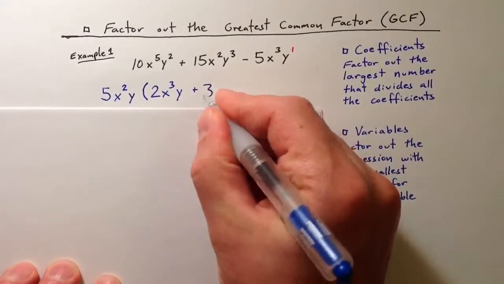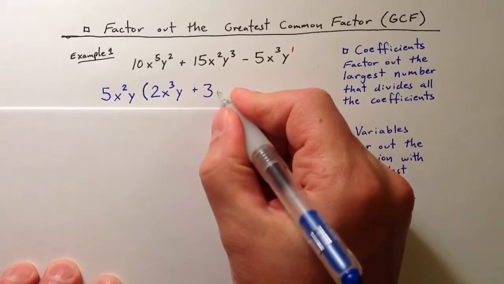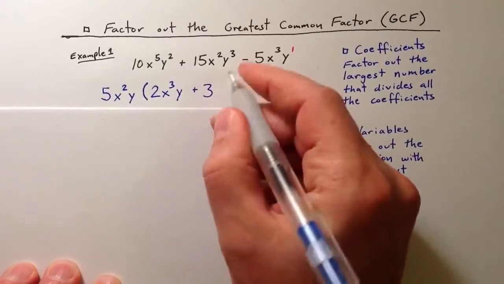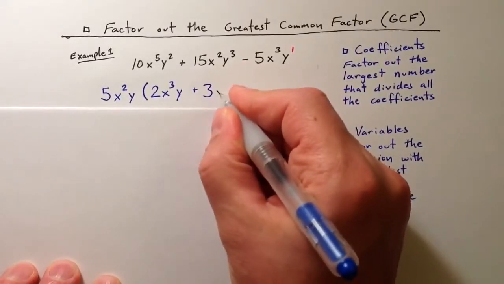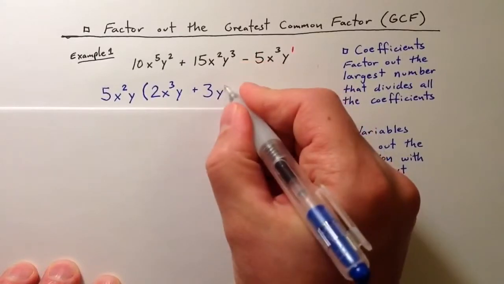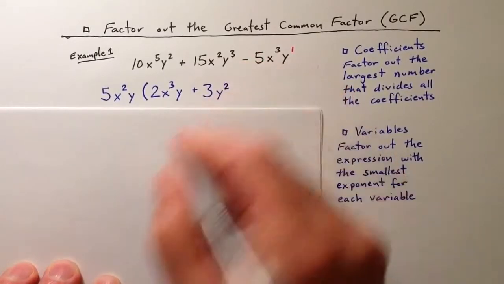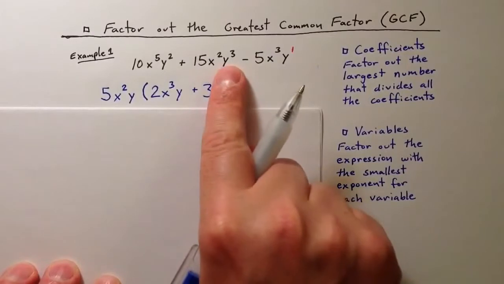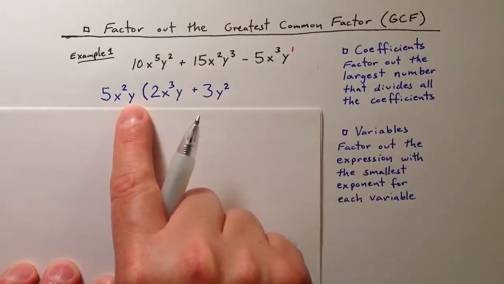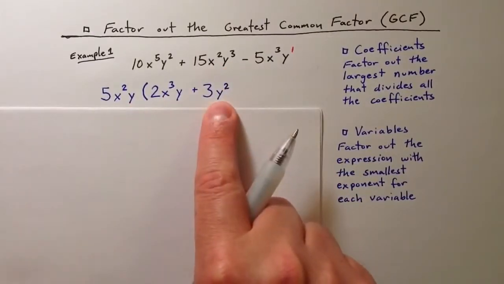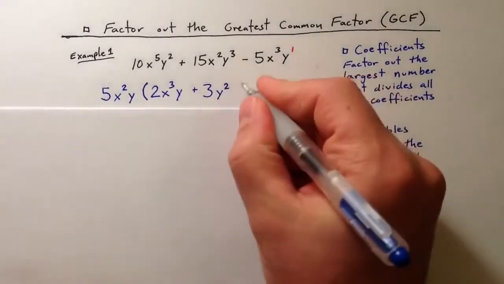So if I factor out a 5, there's a 3 left behind. We took away both of the x's, so there aren't any x's. There were 3 y's, and we took away one of them, so there are 2 y's left behind.